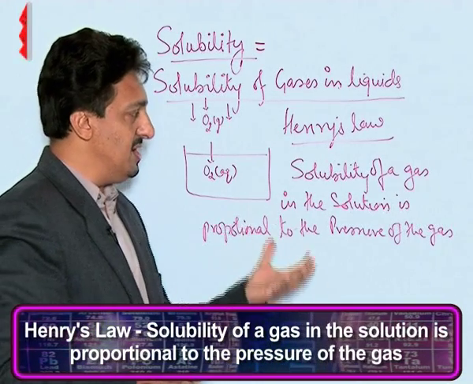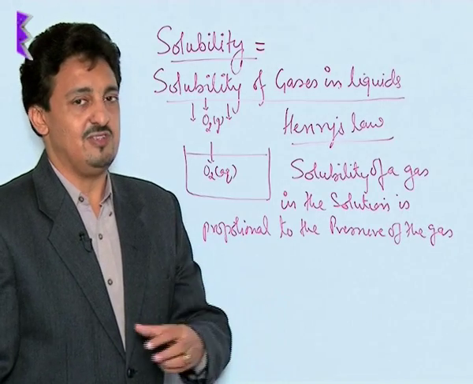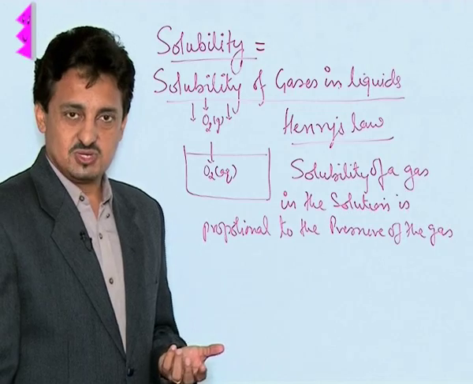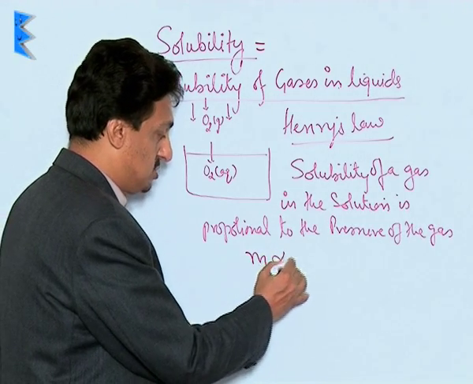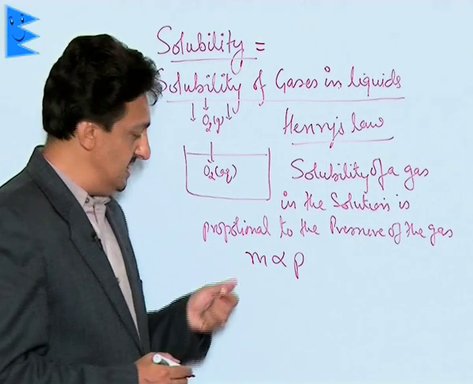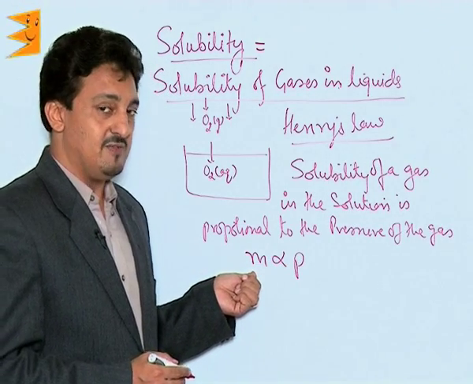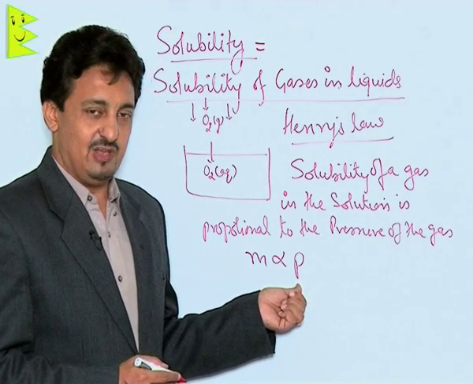So the solubility of a gas in the solution, or the amount of the gas in the solution, is directly proportional to the pressure of the gas above the solution. We can write this as M proportional to P. This M is the amount of the gas in the solution, and P is the pressure of the gas above the solution.